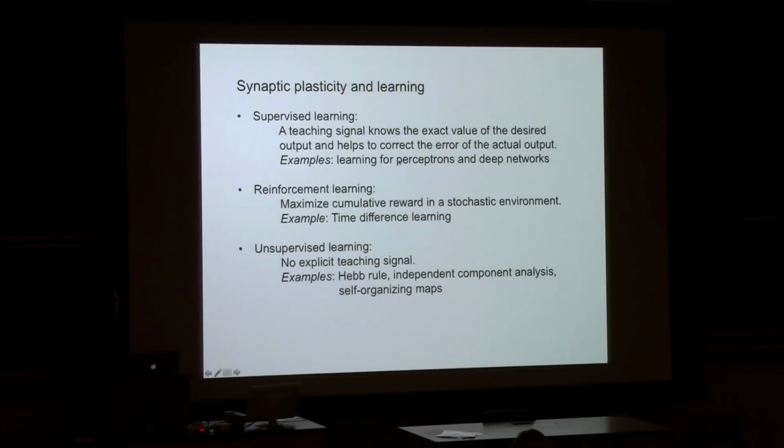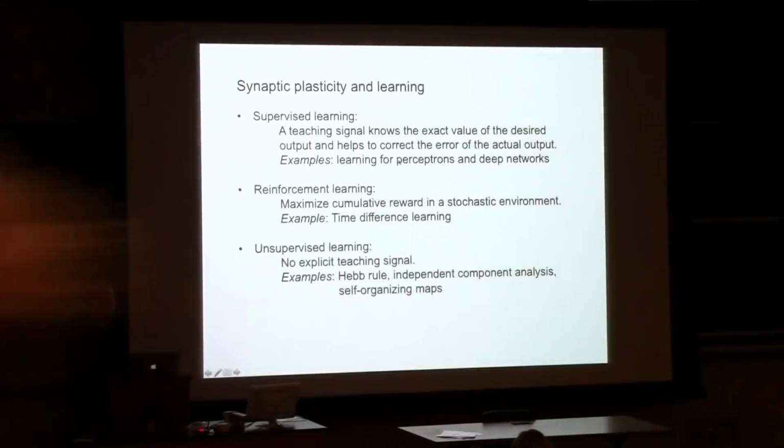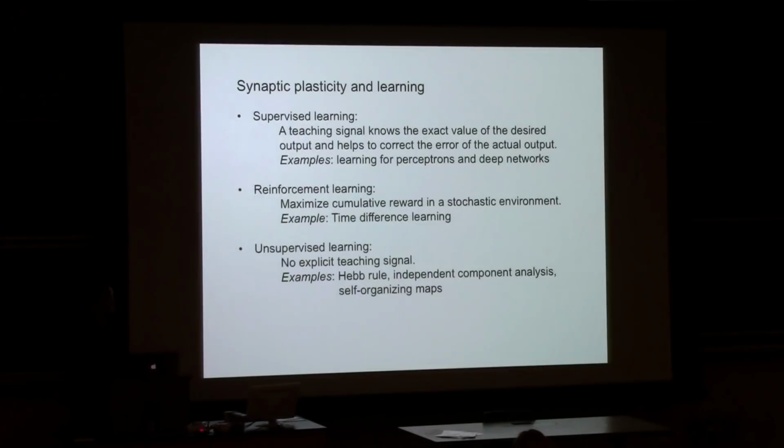You want your output to be closer to some desired output. Right? This is called supervised learning. There's a teacher who knows the true answer, what your output should be, and then you can update the synaptic weights and the threshold to train the system. So this is the perceptron, and a deep network is based on the same kind of idea, just with many more layers.